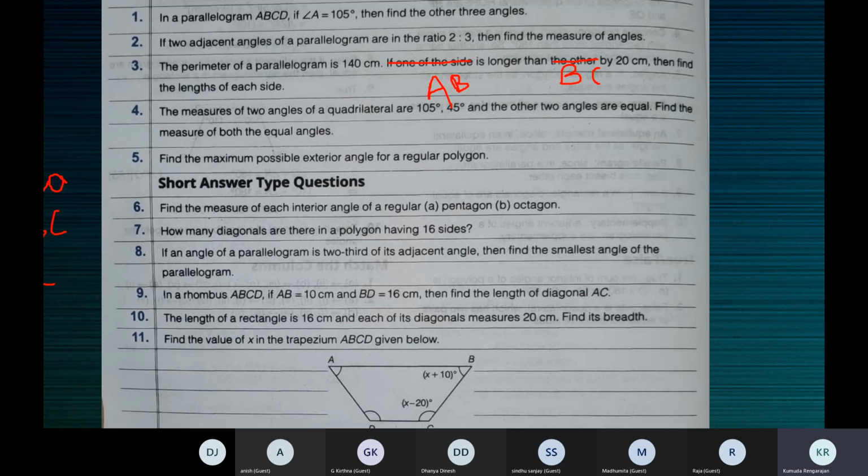The answer for the seventh one is 104 diagonals. Yeah, question number 8.